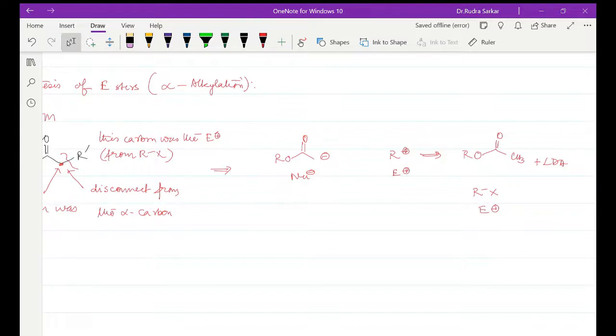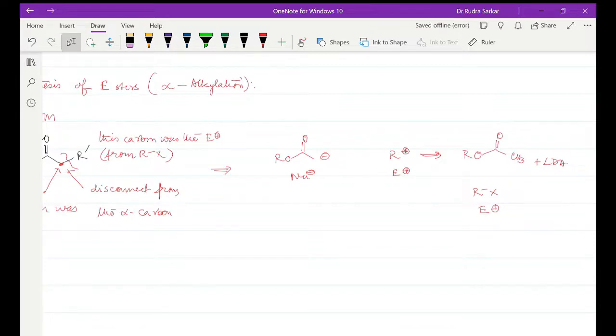In this method, to summarize, in the retrosynthesis of an ester we have begun with the disconnection of the alkyl group from the alpha carbon, and hence the alpha carbon will be the nucleophile, that is our enolate, and the carbon that was disconnected from the alpha carbon will be our electrophile, that is RX.